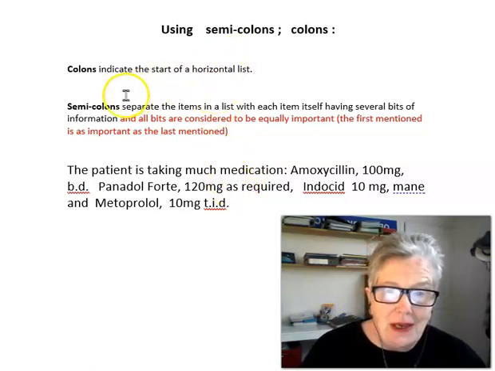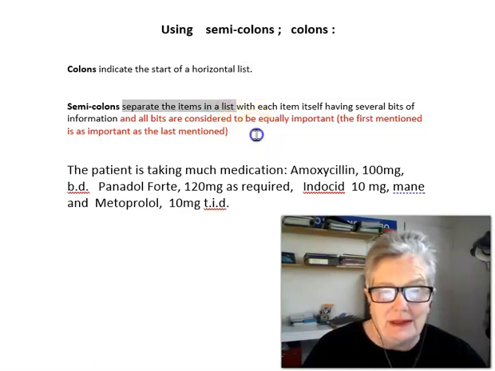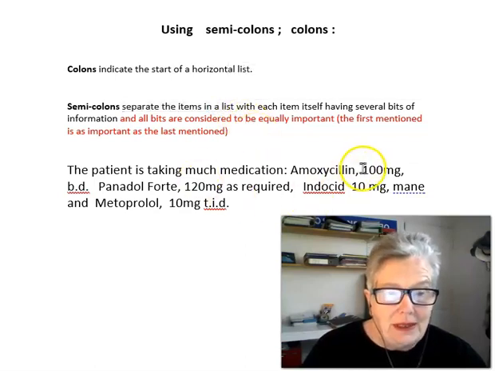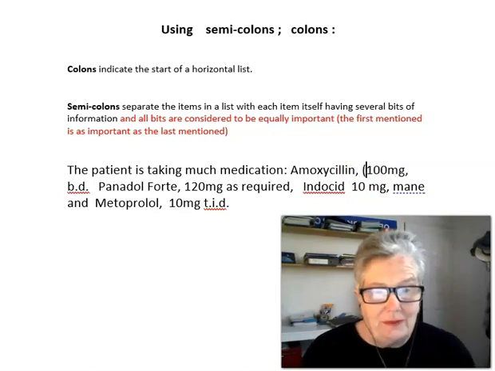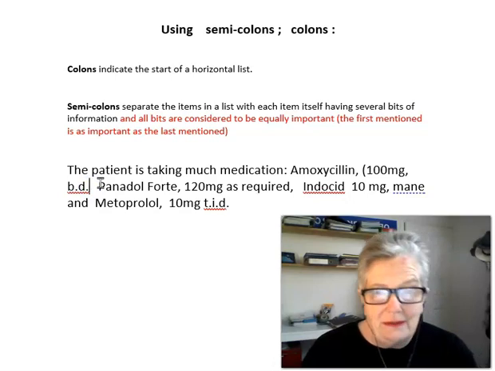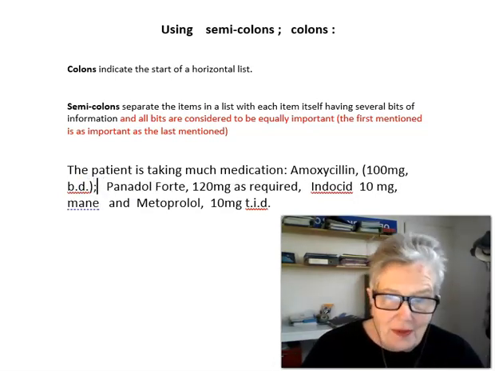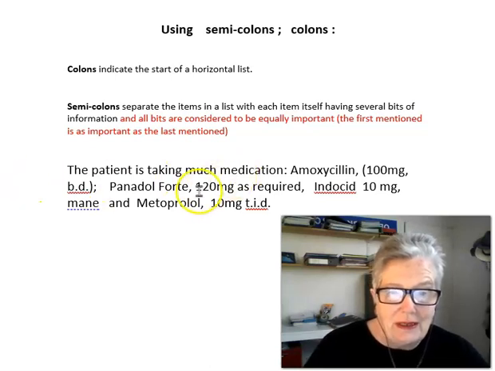So this is where the semicolons come in, right? The semicolons separate items in a list. So here what we've got to do now is put a little parenthesis before that, and at the end the BD, right? And then a semicolon to separate it from the rest of the list.